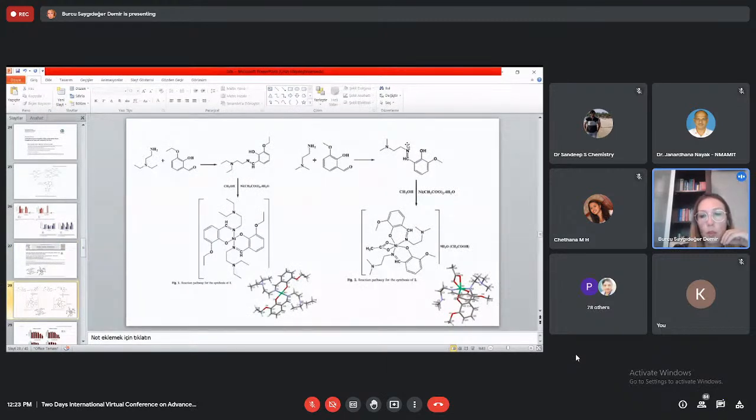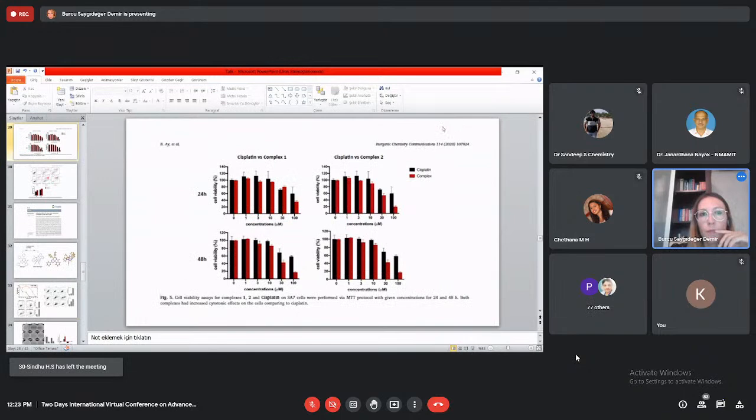These are the two nickel complexes we synthesized. It has been demonstrated that both complexes have better cytotoxic effects compared to cisplatin: cisplatin versus complex 2 and cisplatin versus complex 1.